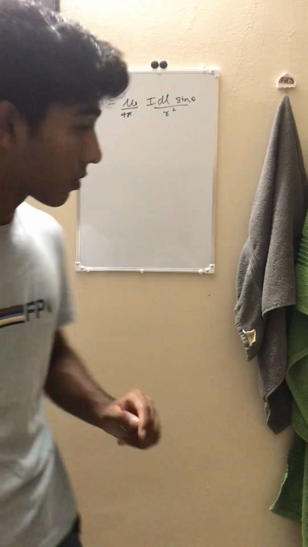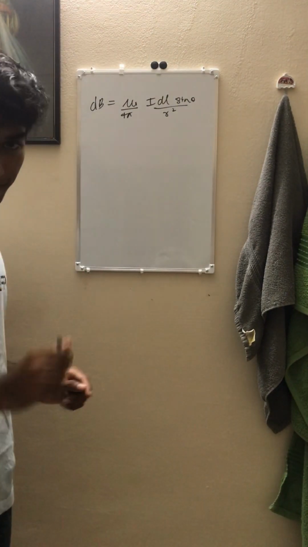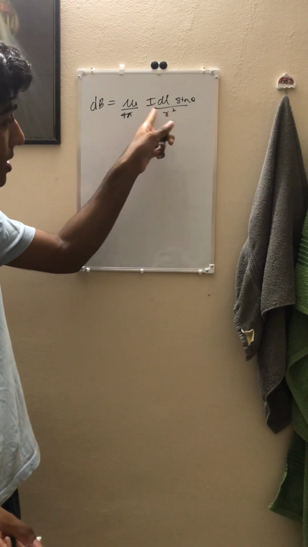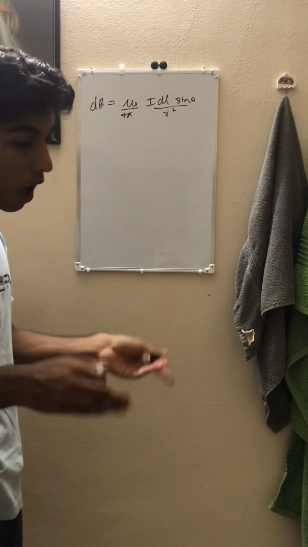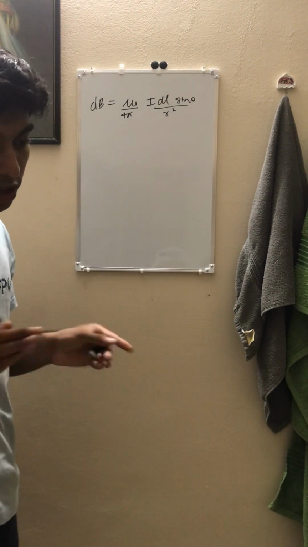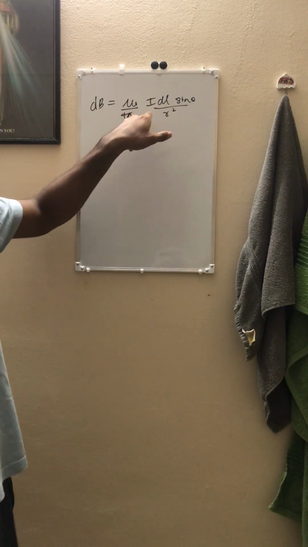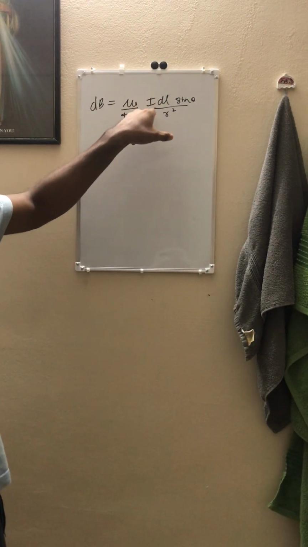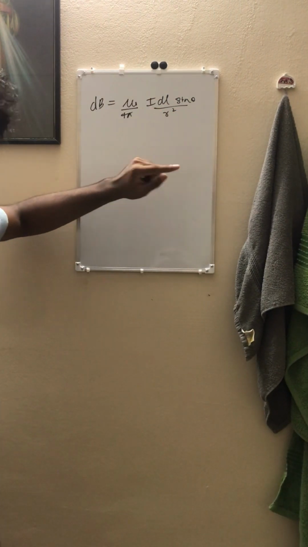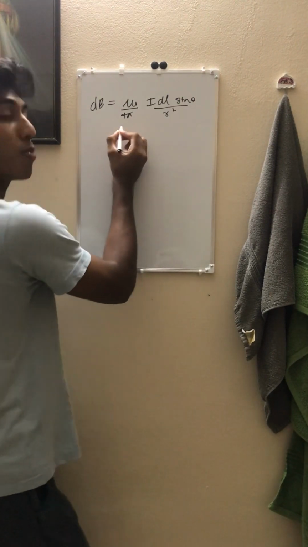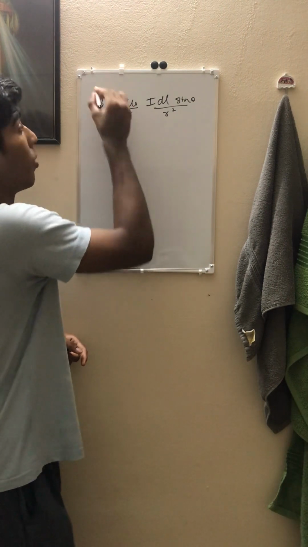Now we're going to use cross product here, but I don't want to use that with I, because you know I and dl multiply, and you know cross product like r cross p is equal to rp sine theta. So if I go like r cross dl, it's I dl sine theta, it will become I cross dl. I don't want that.